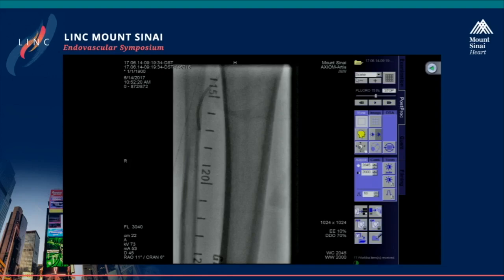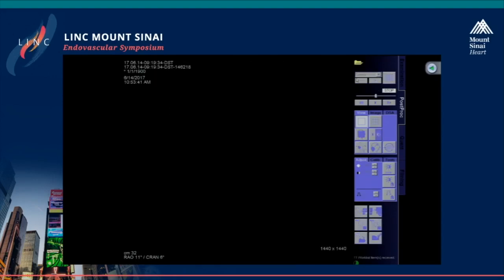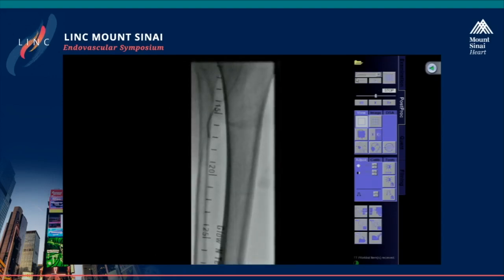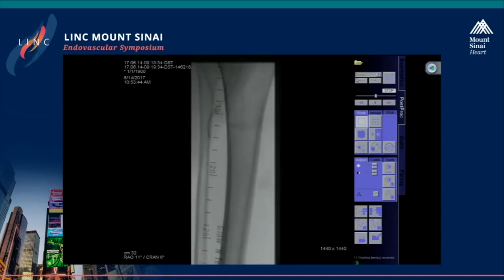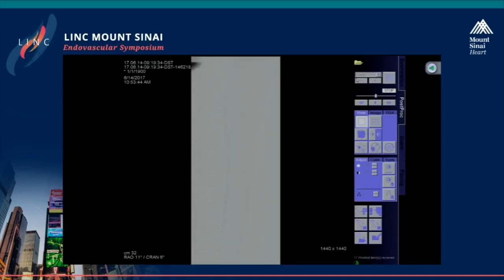At the same time, do an antegrade access of the common femoral and place a long sheath down to the popliteal. Now, obviously, PK is certainly making it look super easy, throwing all my comments down to the ground. But sometimes it's not that easy, and I would advise that you feel comfortable coming from below, because what happens is you'll get yourself into a lot of the collaterals and really not make it into that one vessel that you're trying to get to.